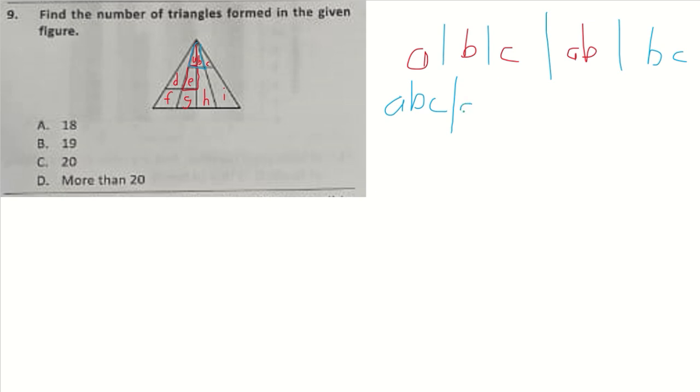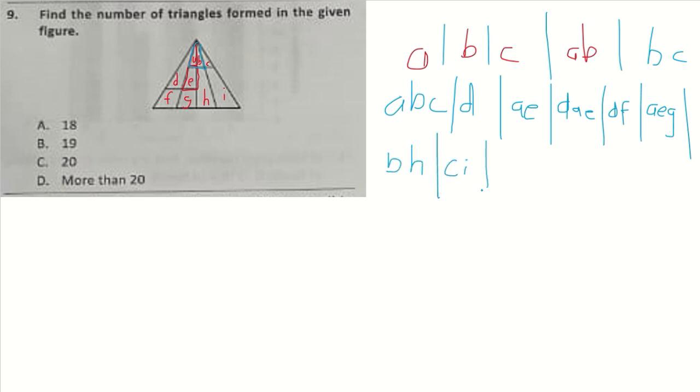Next is D, next is AE, next is DAE, then we have DF, then AEG, then BH, then CI, then DFAEG, then AEG.